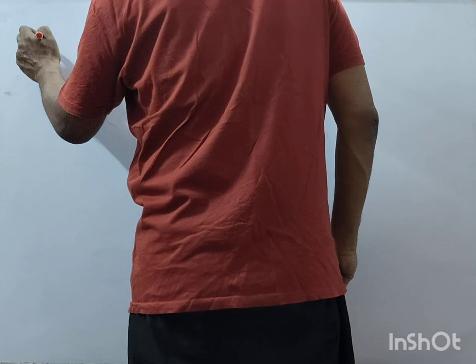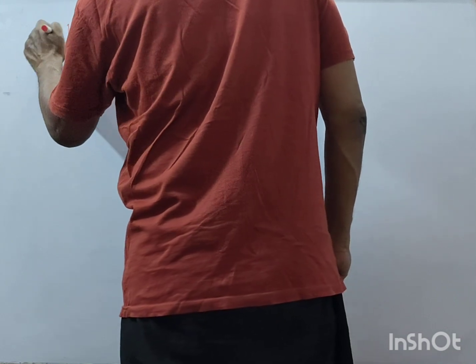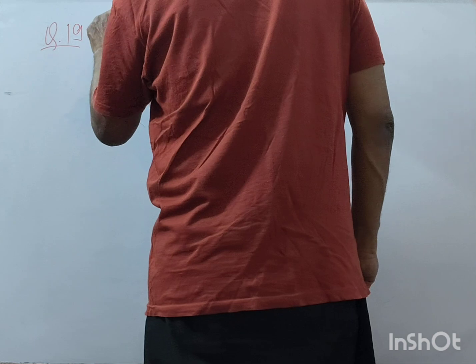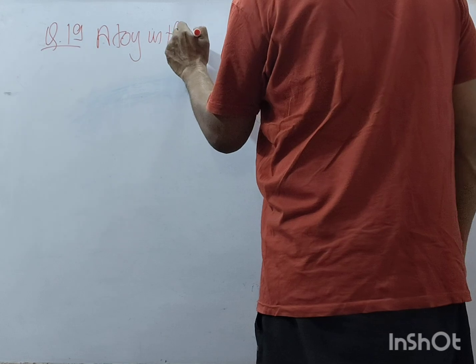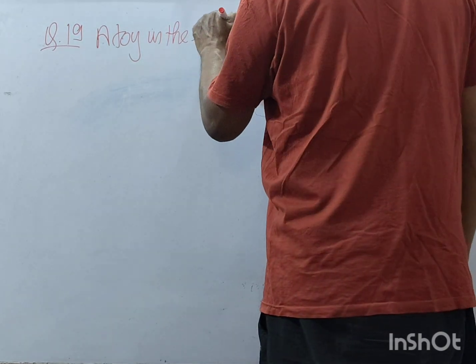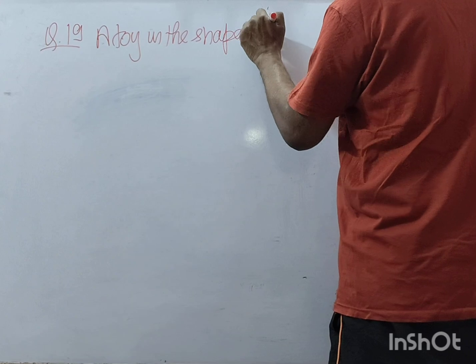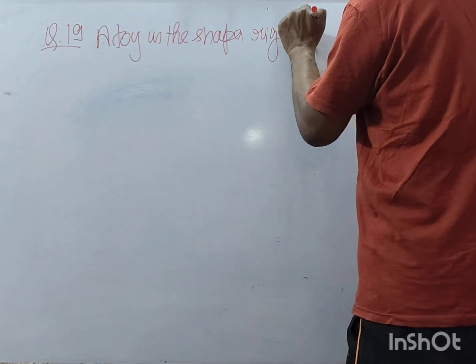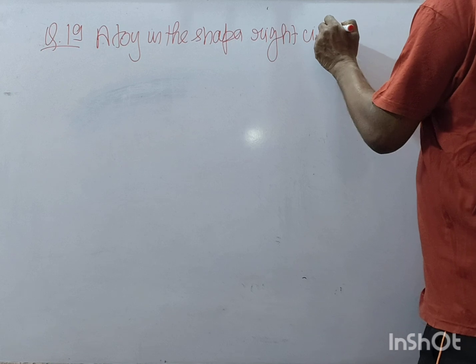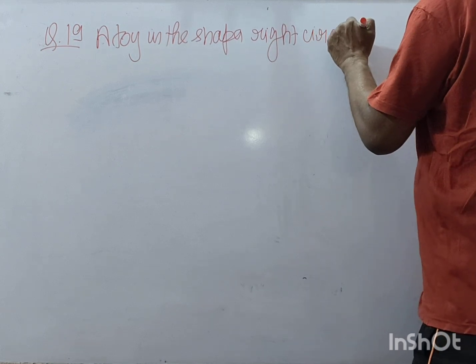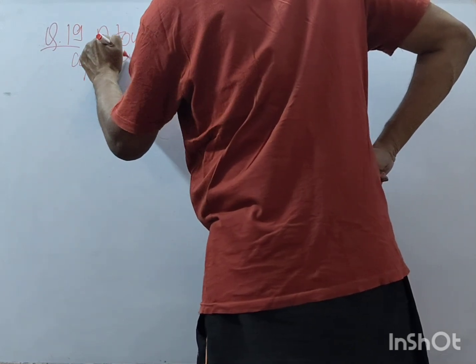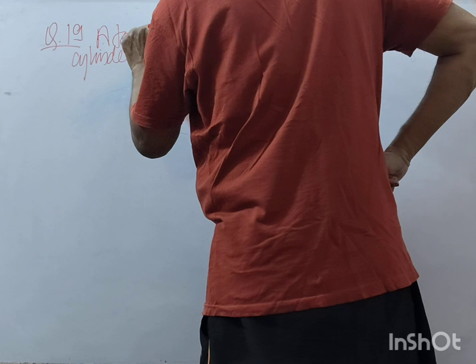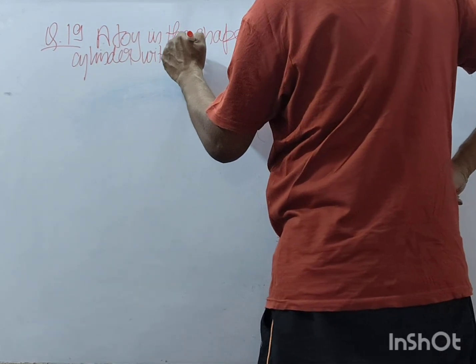A toy is in the shape of a right circular cylinder with a hemisphere at one end.